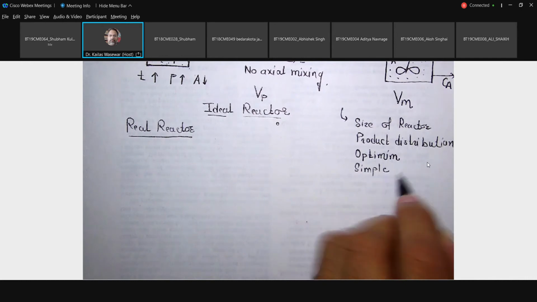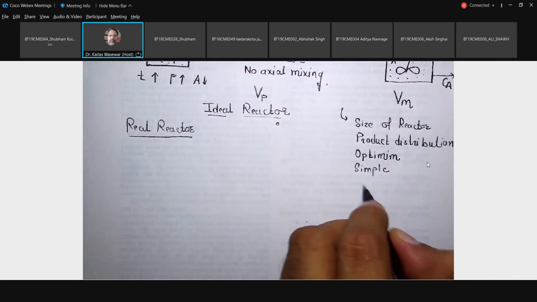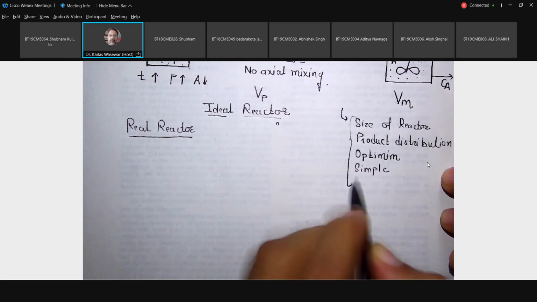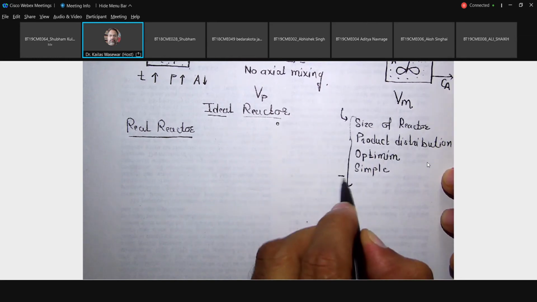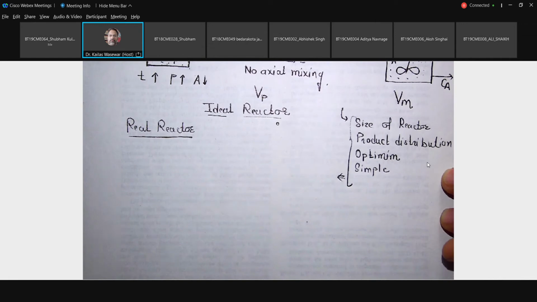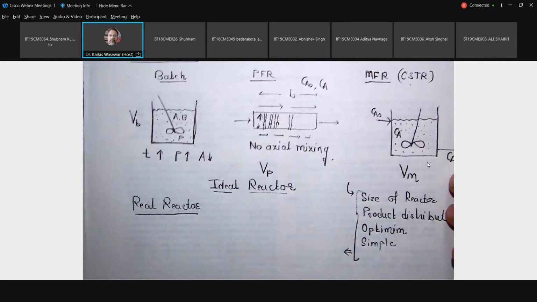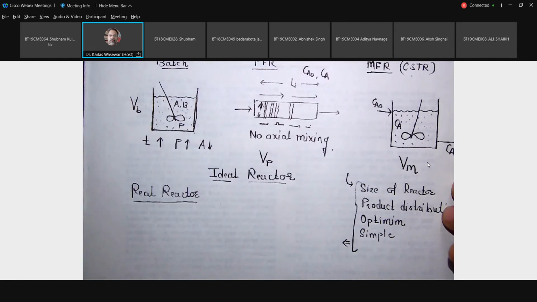Very simple, straightforward equations, but still there is a deviation from the ideality. That means whatever we define as a batch reactor, plug flow reactor, the same thing you will not get. Suppose I design the equation based on the particular reaction, say the PFR, MFR.